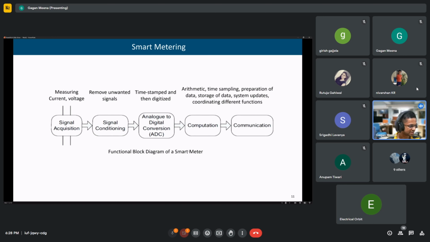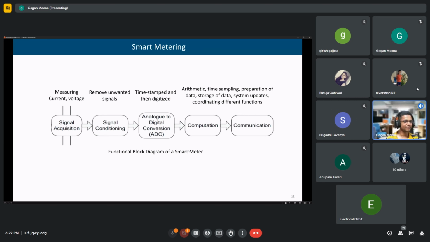You can join any of these three. The timings and links you will receive in your email, and you can see the announcement section on the portal also. Okay, sir.